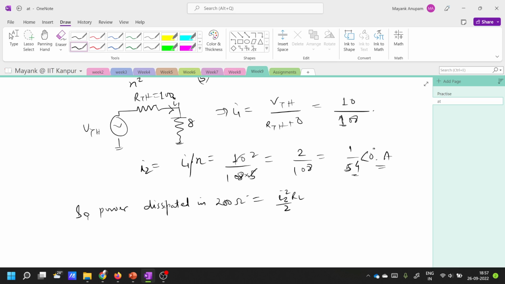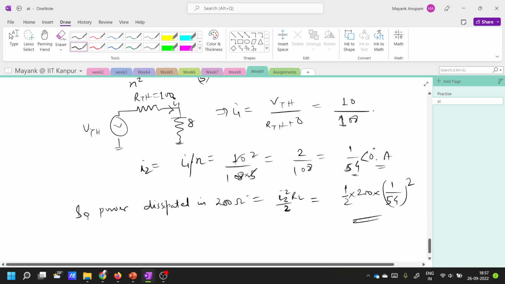And by the way, this 1 by 54 is the magnitude. It's not the RMS value. That is why we have to multiply this 1 by 2 factor here. So this becomes 1 by 2 times 200 times 1 by 54 square. So this is the answer, this much of watts. Fine.